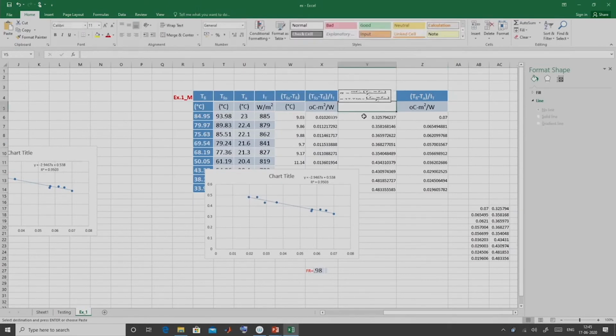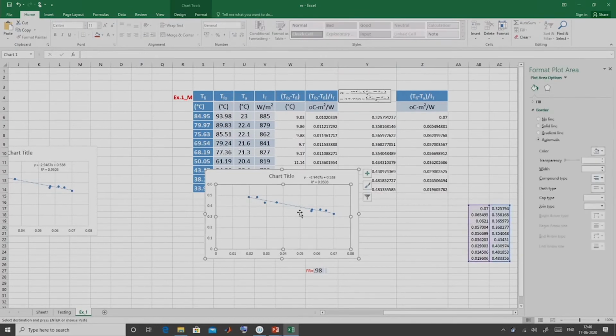Once we use those calculated values in this calculation, we will get these values for TFI minus TA by IT. If we take these two and plot them, we get this kind of plot, and then our equation will be something like this.